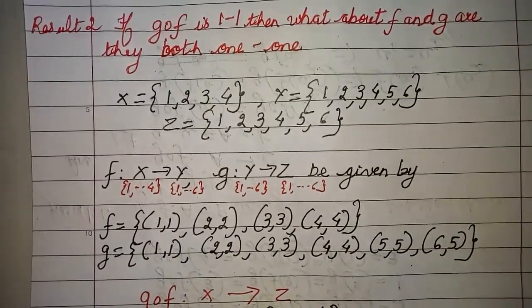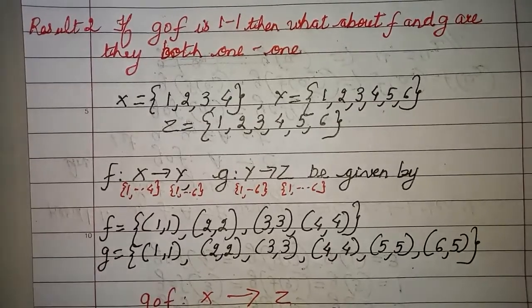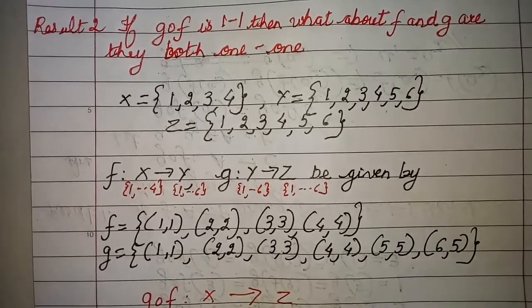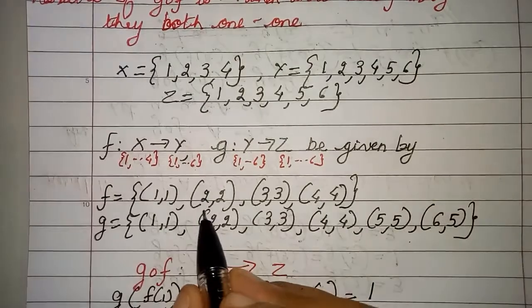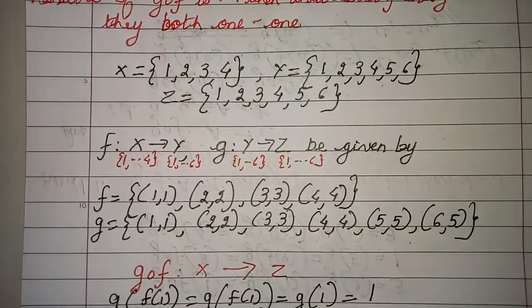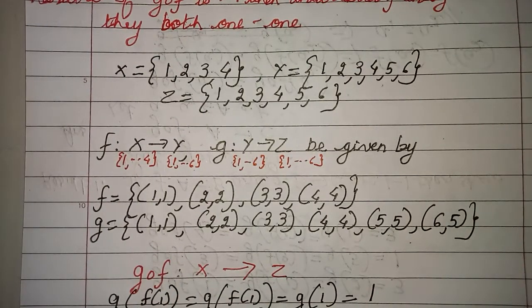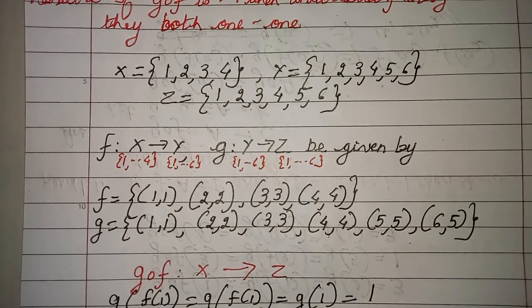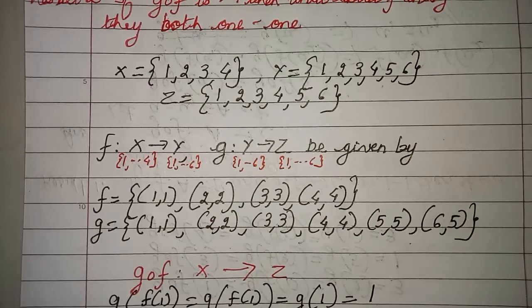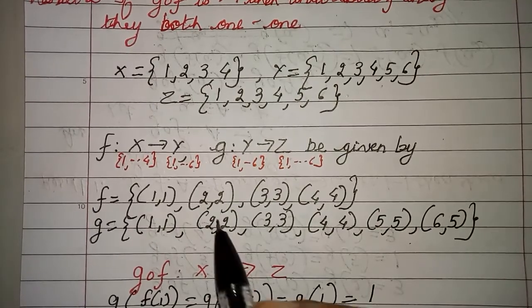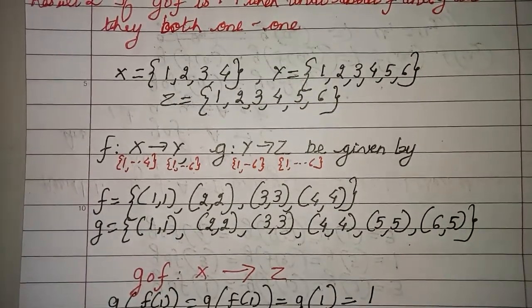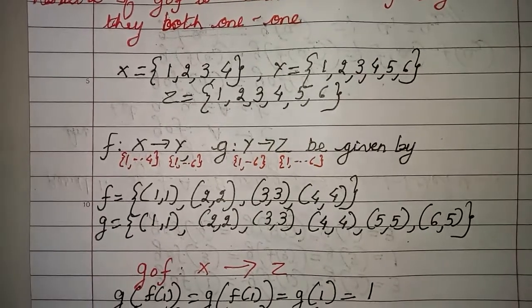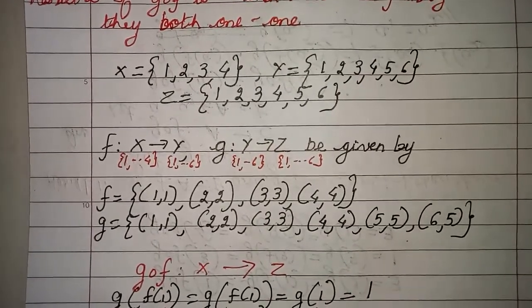So I will have answer again 1 because g of 1 is also 1. Then g of f of 2. In order to avoid confusion, always when you substitute the values, you first substitute the values of the inside. What is f of 2, children? f of 2 will be again 2, and g of 2 is again 2.